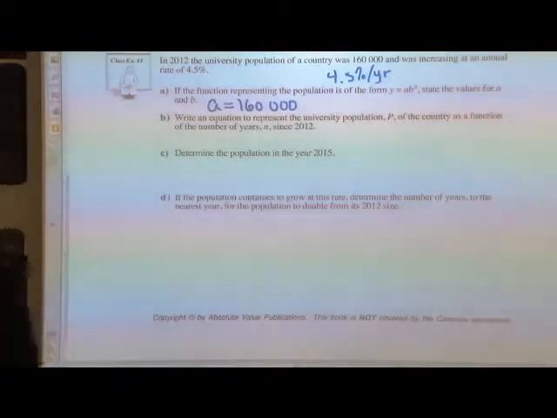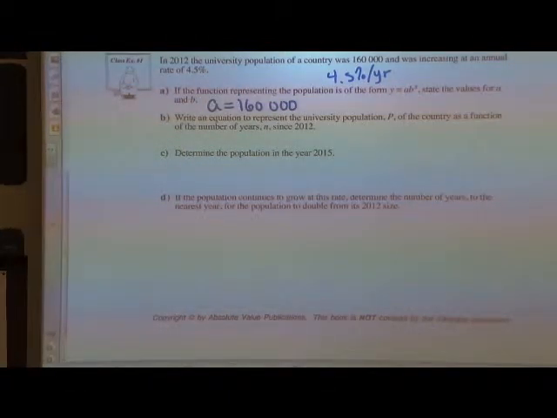So at the end of the first year, how would I calculate the total population? What would I do? 160,000 times 1.045. So why the 1 point?